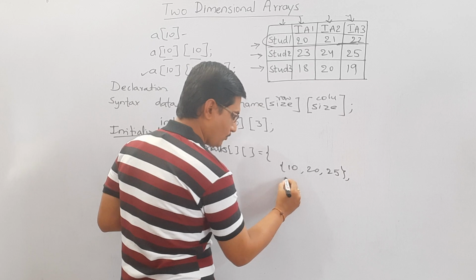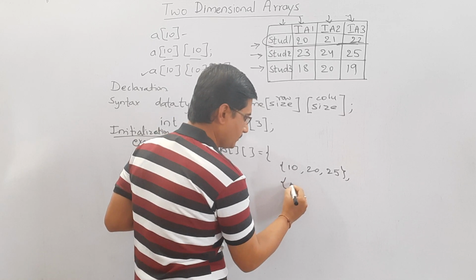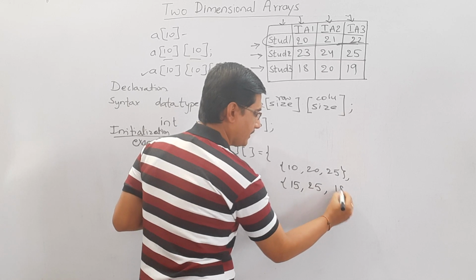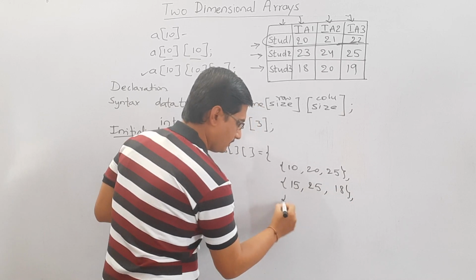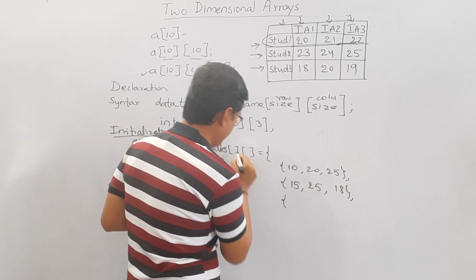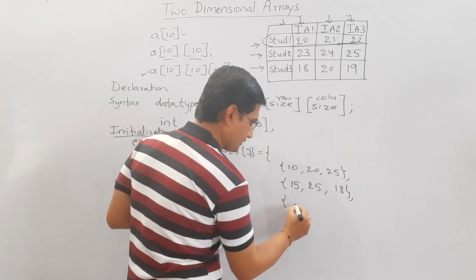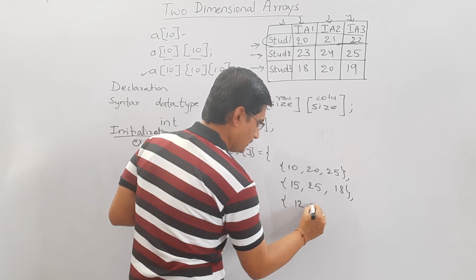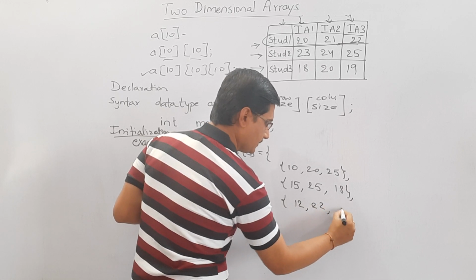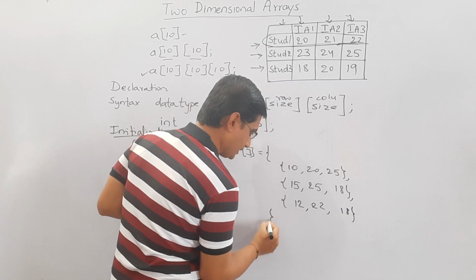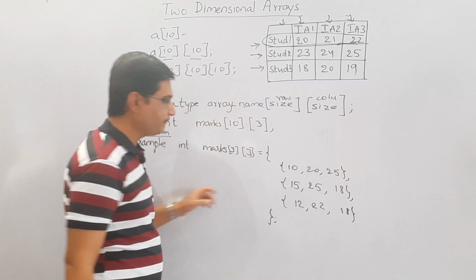Then the second row elements 15, 25, 18. Then the third row, say I have declared it as 3 rows and 3 columns, say it is 12, 22 and 18, assume this.